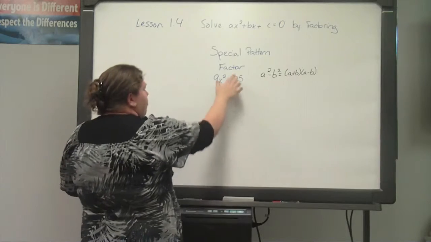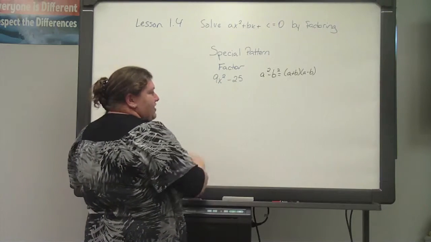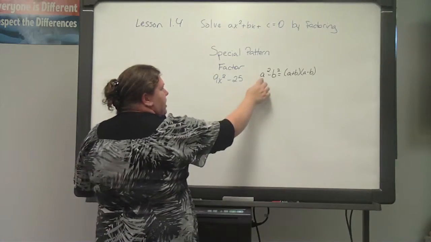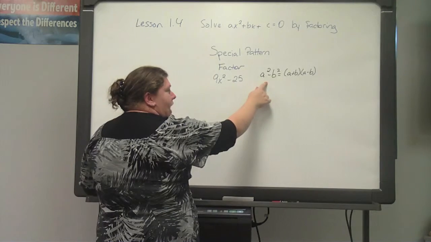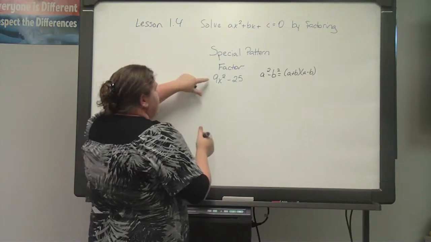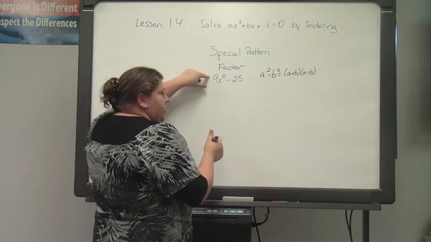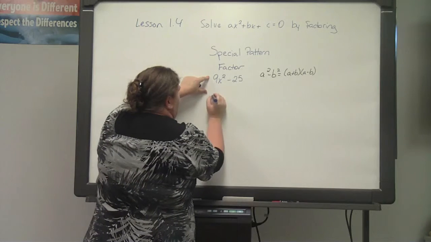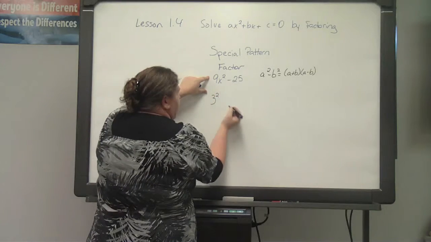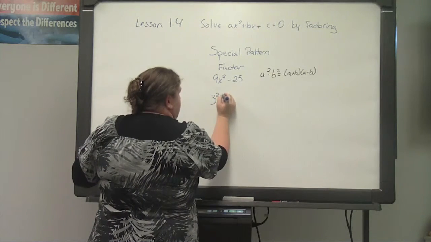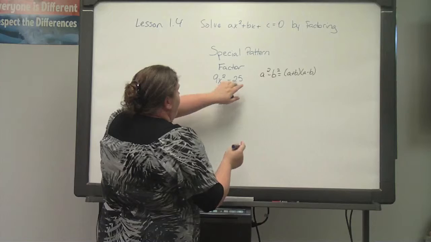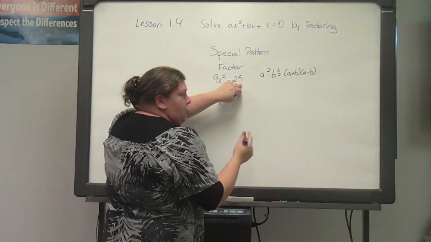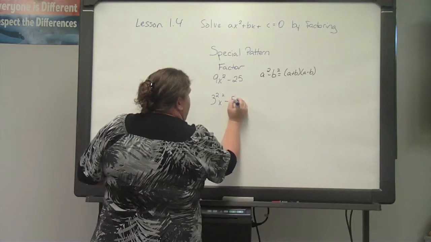So I want to rewrite this equation as much as I can to make it look like my special pattern. I can see that 9 is divisible by 3, and it gives you 3, so I can go ahead and rewrite it as 3 squared times x squared minus 5 times 5 equals 25, so I can say 5 squared.